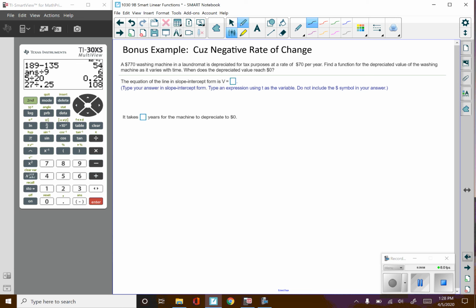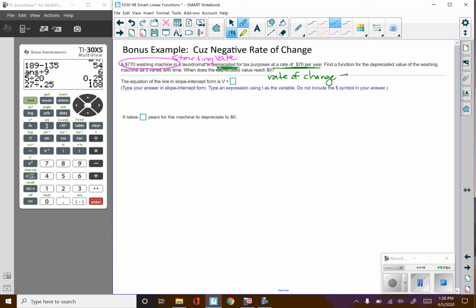We have a $770 washing machine, so that's going to be our starting value. And it is depreciating at a rate of $70 per year. So our rate of change is not positive 70, but negative $70 per year, because depreciating means that the value is going down.